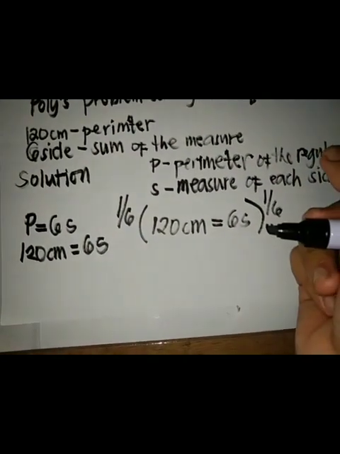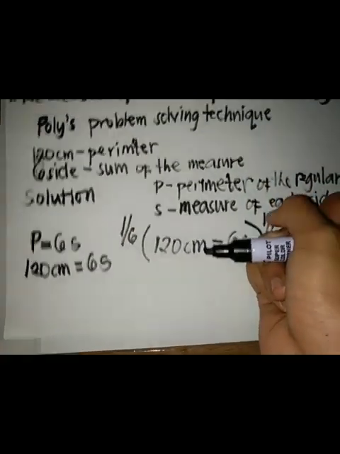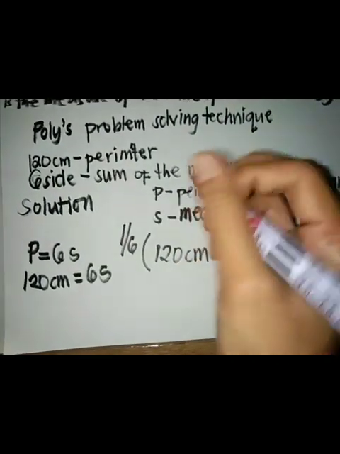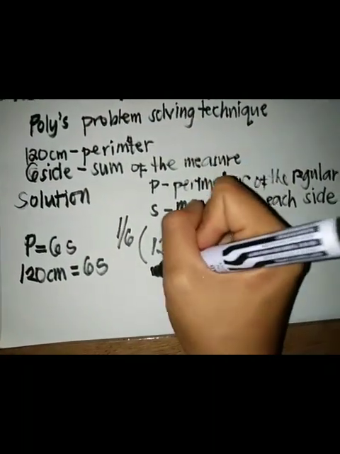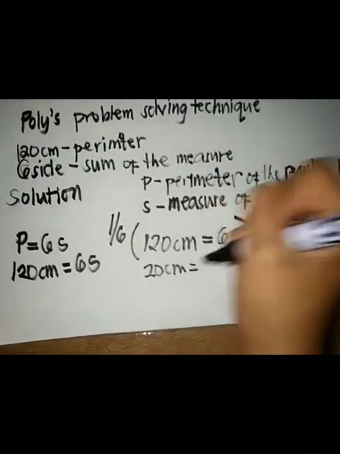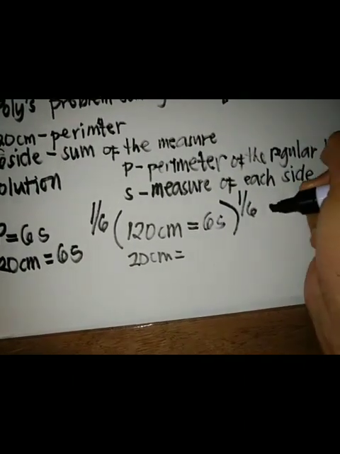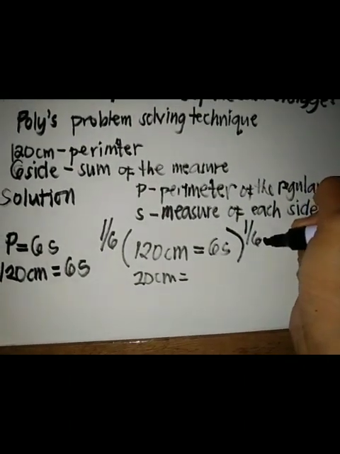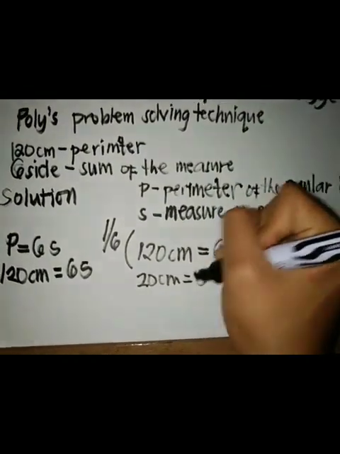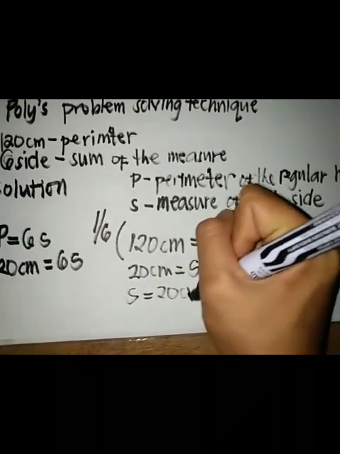Next is to simplify. 120 centimeters divided by 6 times 1 is equal to 20 centimeters. And 6s divided by 6 is 1 times 1 is 1, so copy the s, or s equals 20 centimeters.